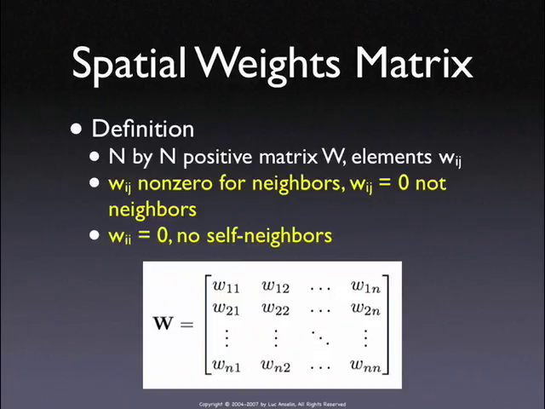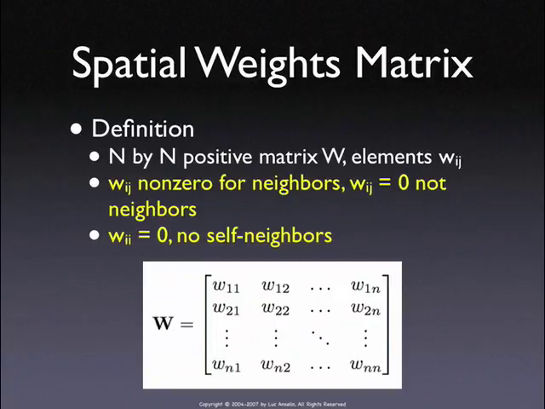Whether or not it is a neighbor, we'll quantify. If it's not a neighbor, we'll set this to 0. And if it is a neighbor, it's non-zero. What it is, that depends. It could be 1 or it could be something else, as we'll see later. The important part is that it's non-zero.